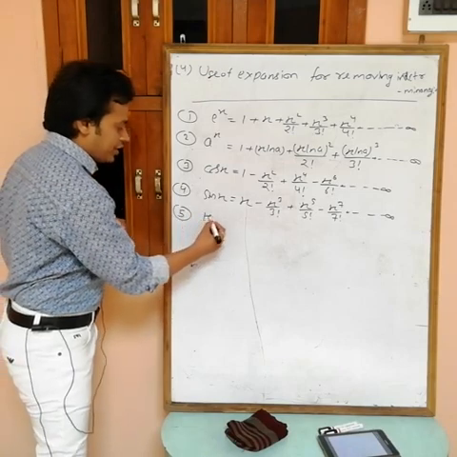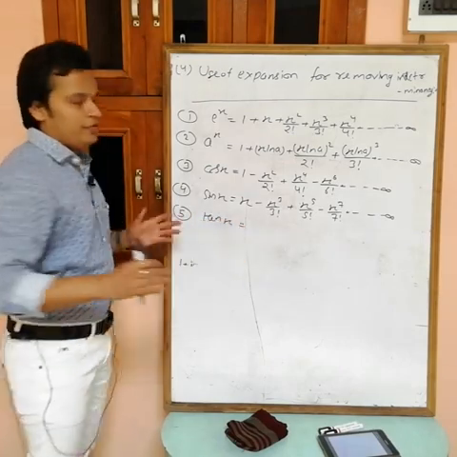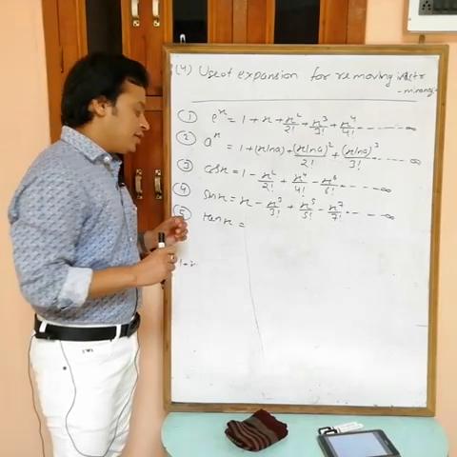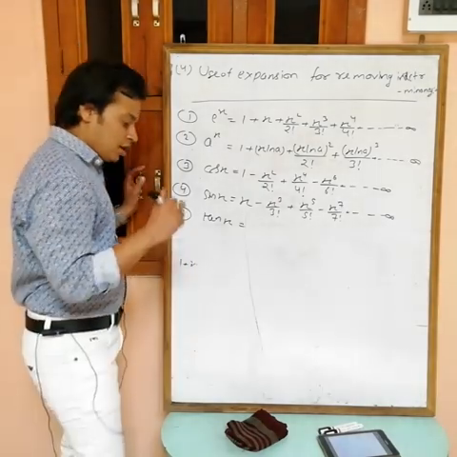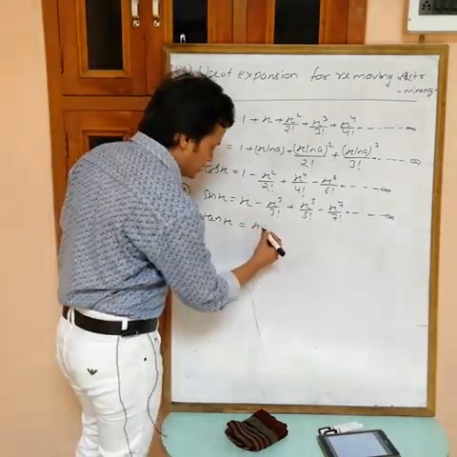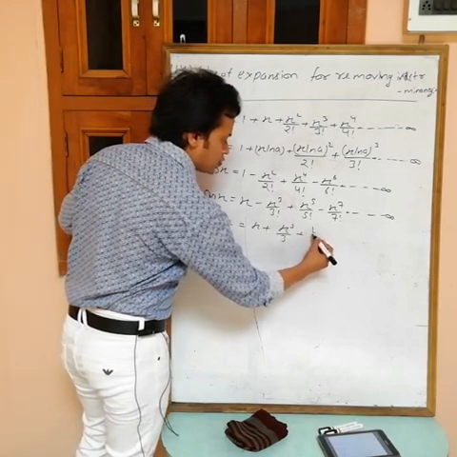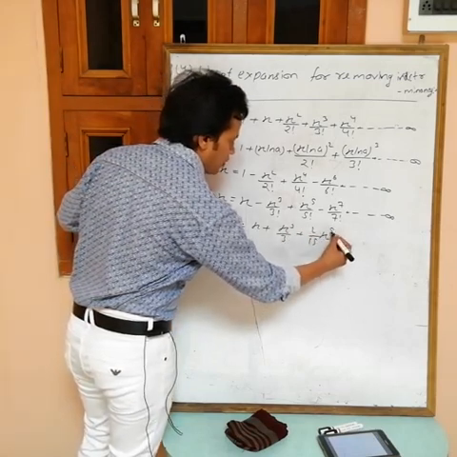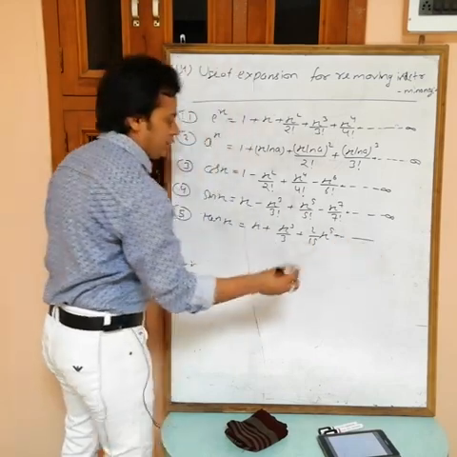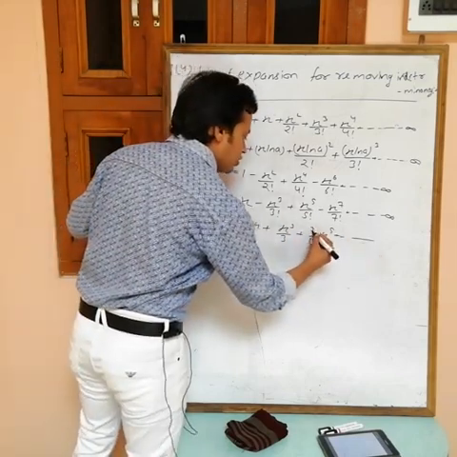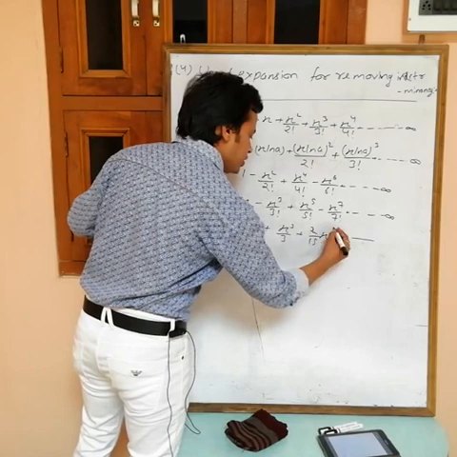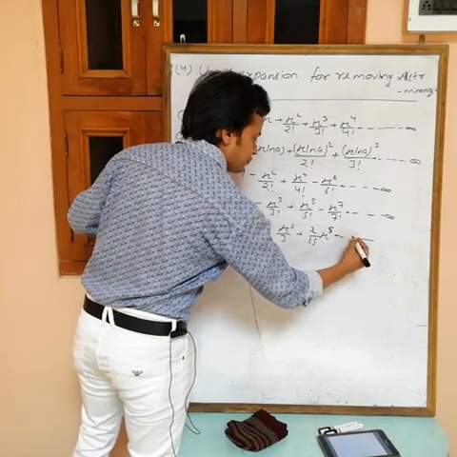Now the fifth one, tan x. Directly remember it. Tan x equals x plus x cube by 3 plus 2 by 15 x power 5, and only up to 3 terms, so you can remember only up to 3 terms.